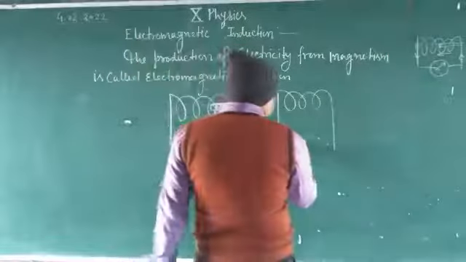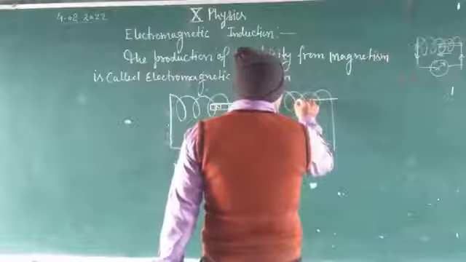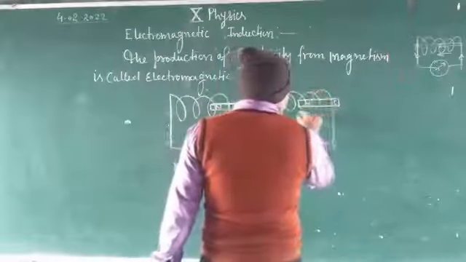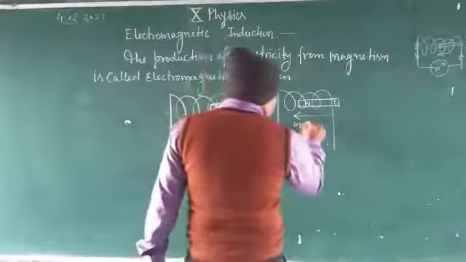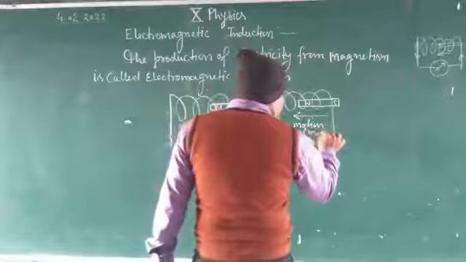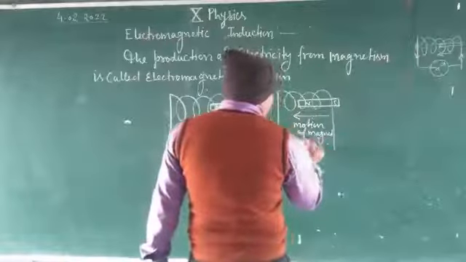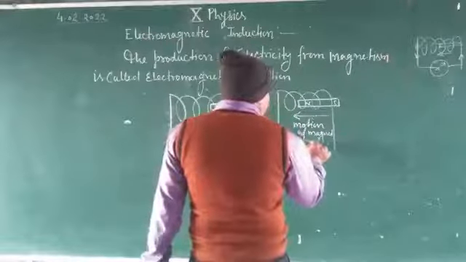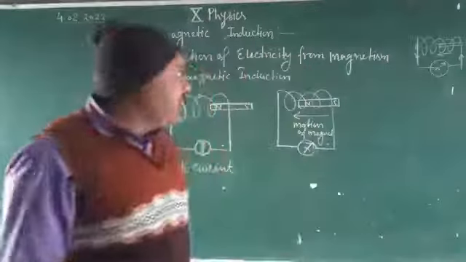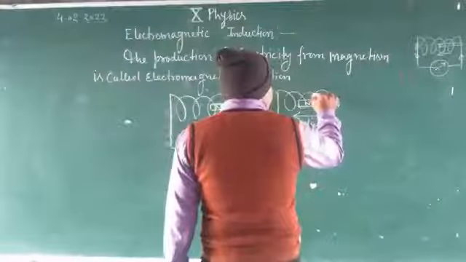Here you will see that when the magnet is inserted inside the coil, this is north, this is south. Motion of magnet is here. Now, the deflection is seen in the galvanometer, the needle of the magnetic compass is deflected, and we can trace the direction of current like this.